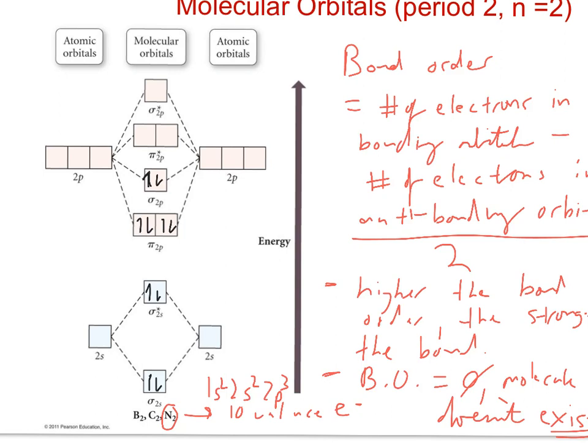So we can calculate the bond order. Bond order, BO, we have 2, 4, 6, 8 electrons in bonding orbitals, lower energy orbitals. Bonding orbitals are lower in energy.